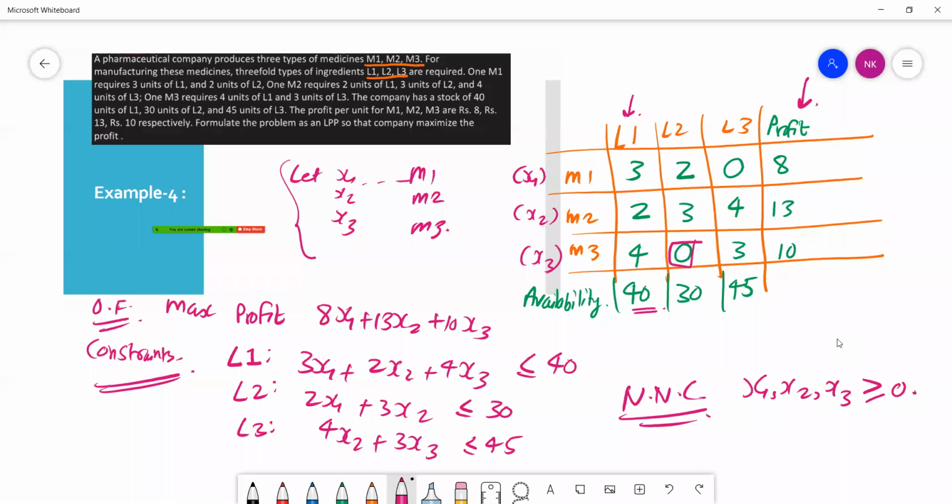So I guess you are now quite familiar with how to develop the mathematical models.